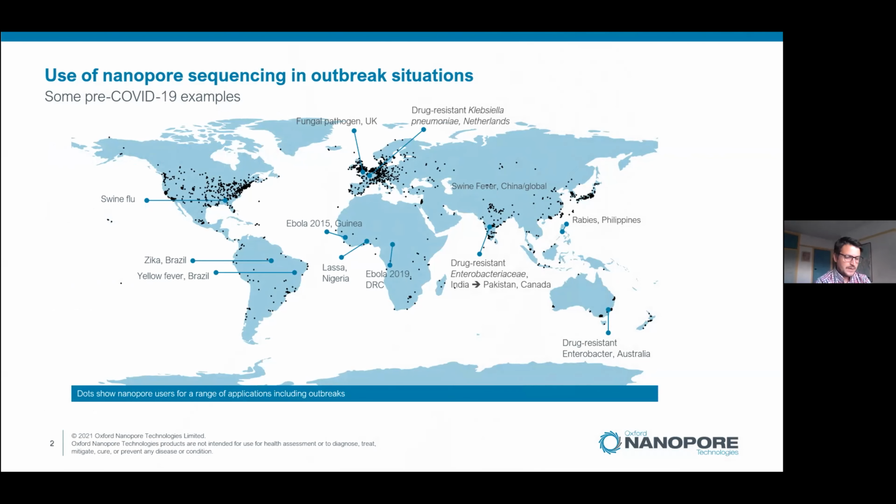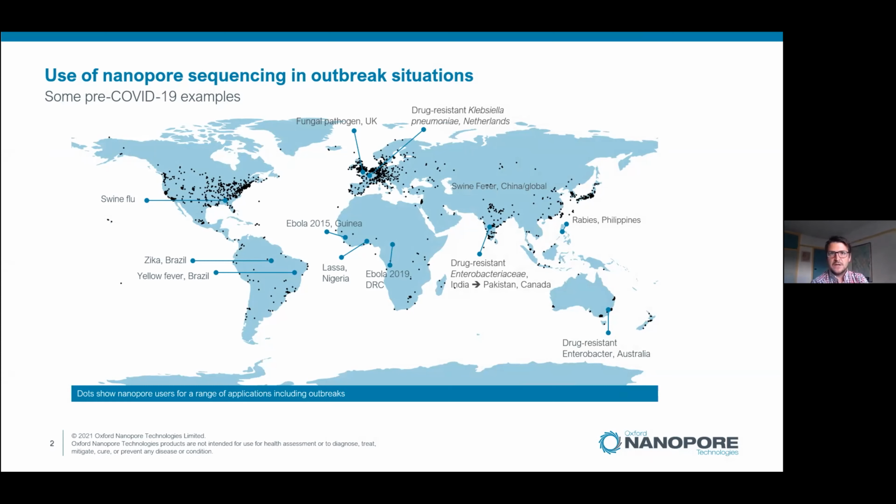Now, if we ignore COVID, which we could consider the elephant in the room for the moment, there have been many examples of people deploying MinION sequencers worldwide to areas that are low income or lower resourced, and tracking and monitoring different outbreaks as they occur and in situ. There is an ongoing and increasingly concerning swine fever outbreak happening worldwide.